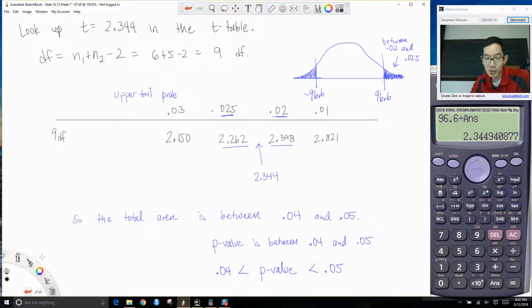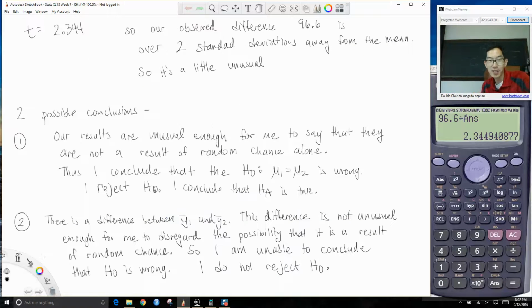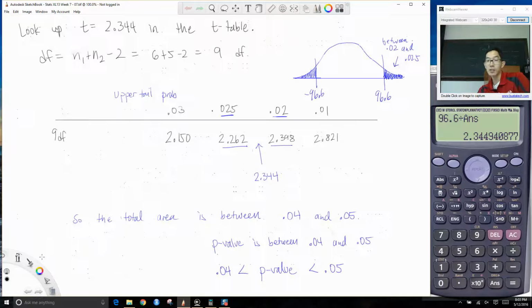let me just flip back to this side. It says, basically we're saying we can either conclude our results are unusual enough for me to say that they are not a result of random chance alone. Because the probability of us getting the results that we got from random chance alone is between 4 to 5%.